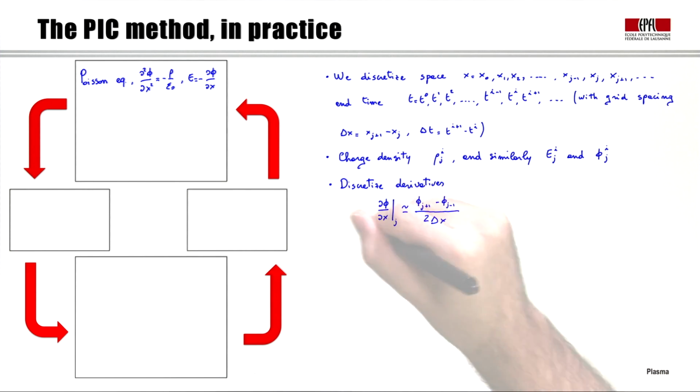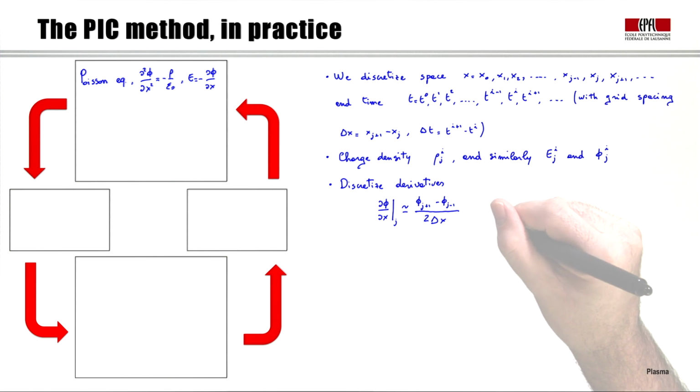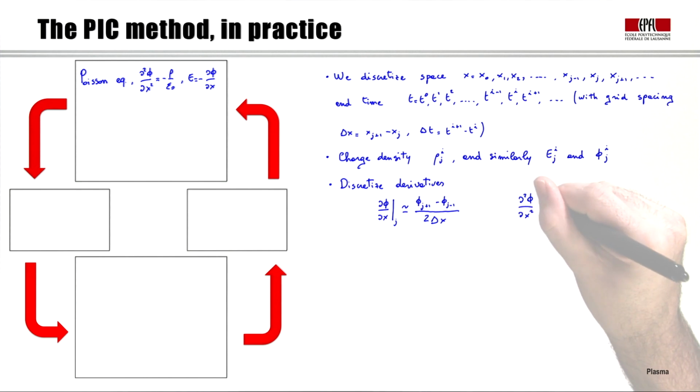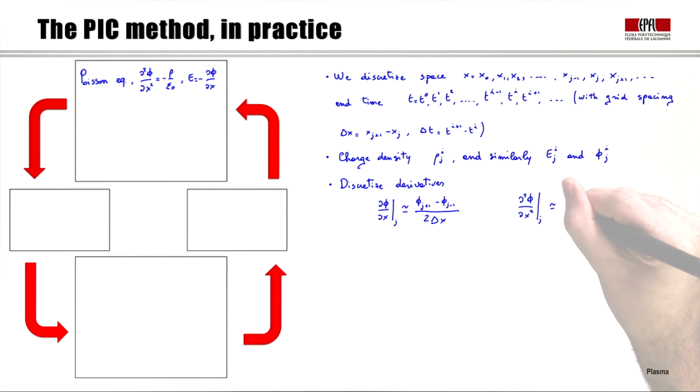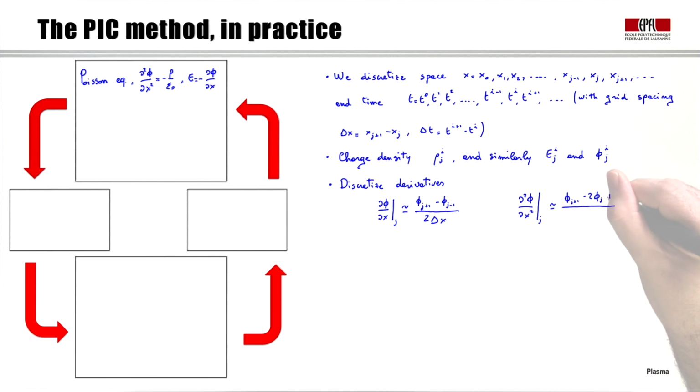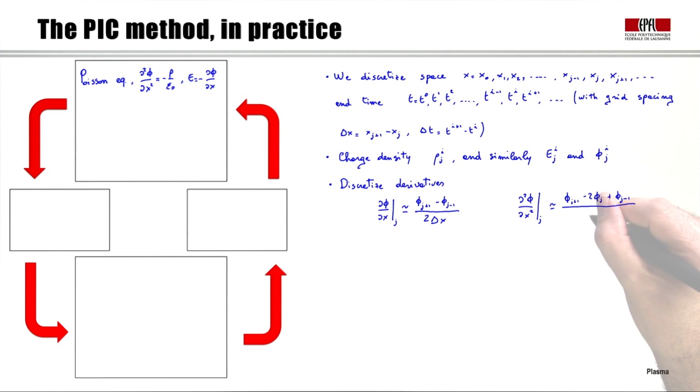And by combining similar expressions for the first order derivative, we will have that for the second order derivative at position j, a good approximation will be provided by phi j plus 1 minus 2 phi j plus phi j minus 1 divided by delta x squared.